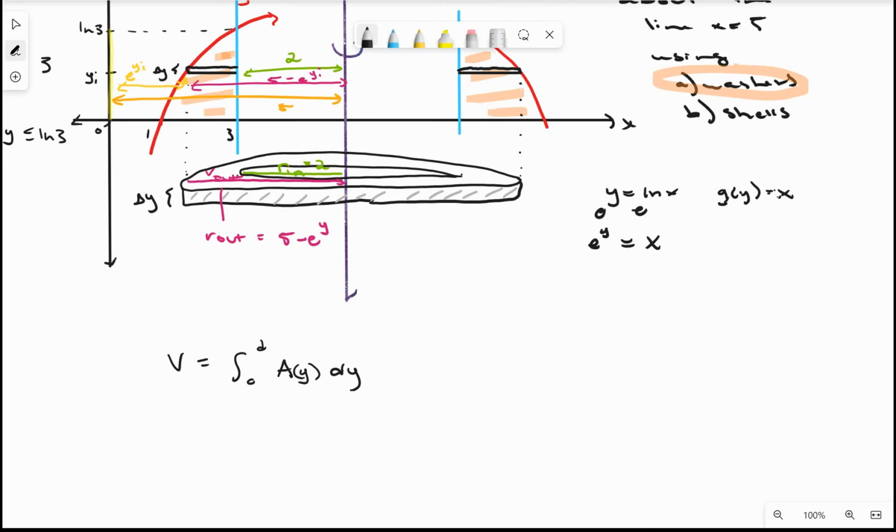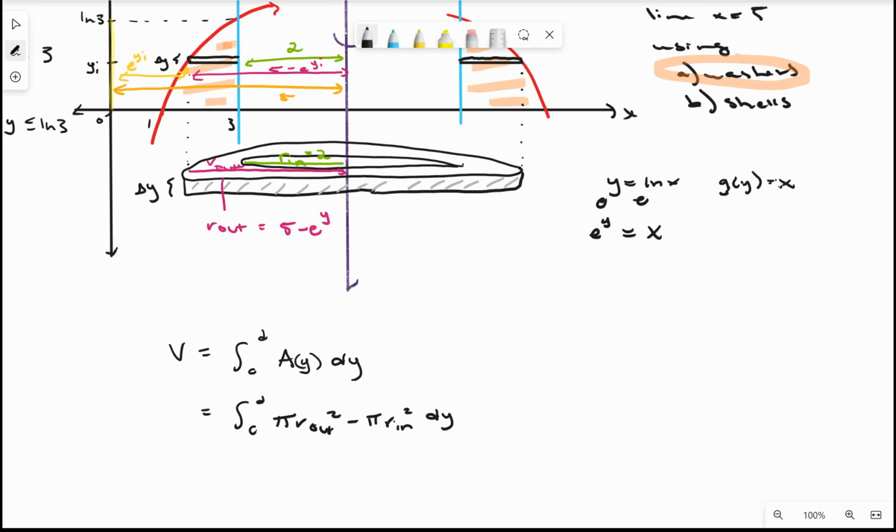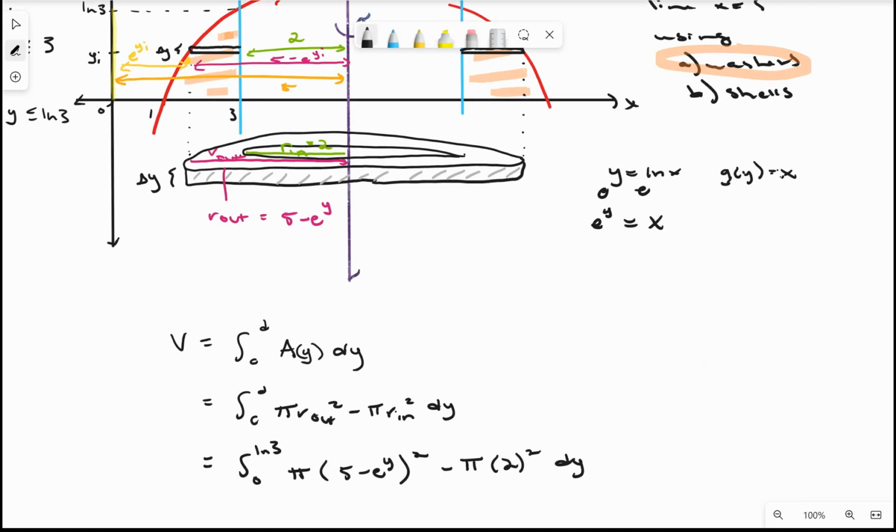So our area of the face of the washer is pi r outer squared minus pi r inner squared. And we already have our limits of integration, or just our bounds here, 0 to ln 3. Our outer is 5 minus e to the y, quantity squared. And then our inner is just 2, and then we're going to square that. And so that's our integral.